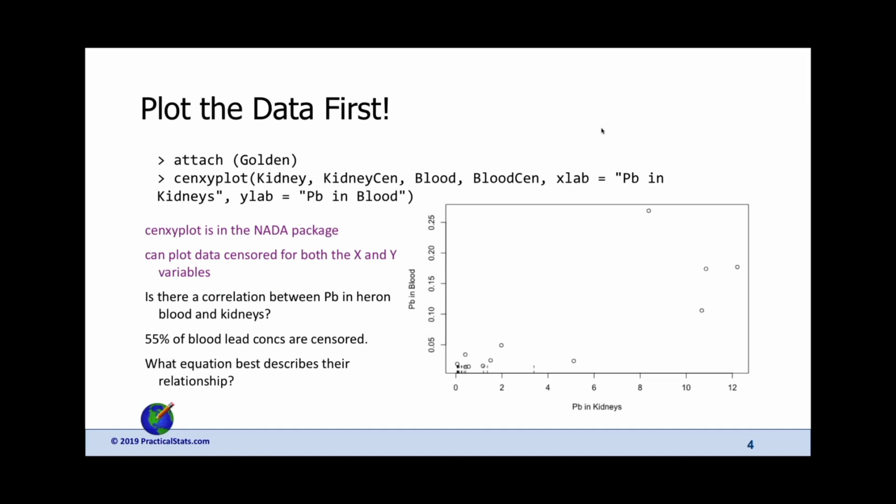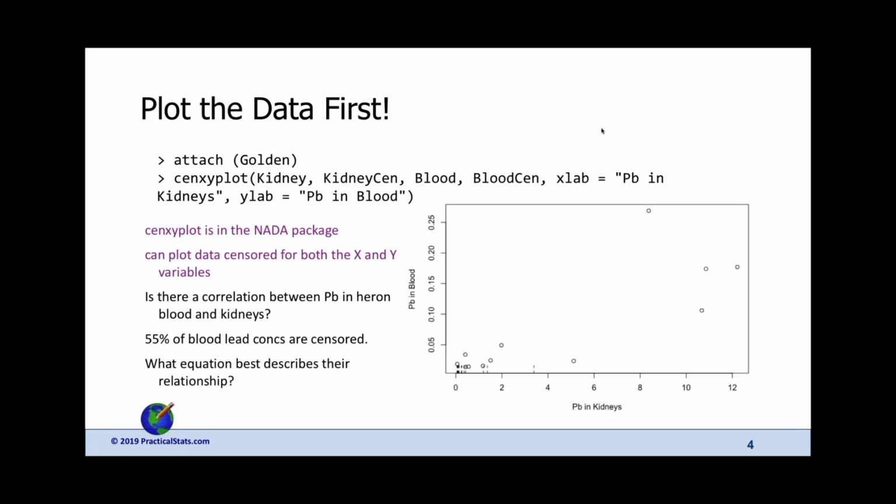Anyway, this is the golden data, and it is lead in various parts of herons. And the idea was to measure it in feathers and to see if feathers would be a good indication of lead and other trace elements in blood and other organs. So I've used the data for the kidney lead levels and the blood lead levels. And we'll see if those are correlated with each other.